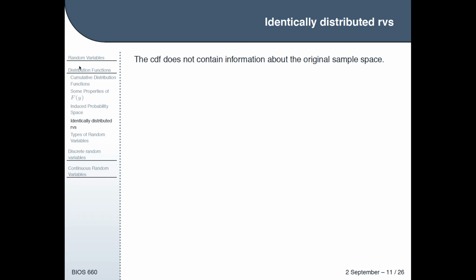The CDF, or the properties of the random variable in general, don't contain information about the original sample space. As I just described, this random variable that's equal to 1 with probability 1/2 and 0 with probability 1/2 could correspond to a wide variety, in fact an infinite variety, of different real-world events.